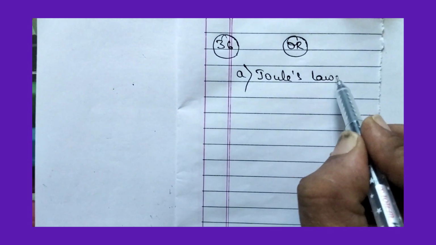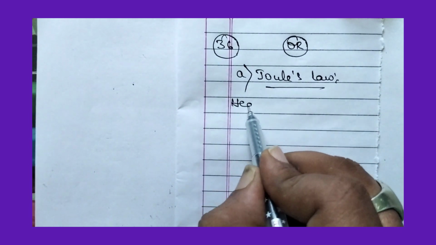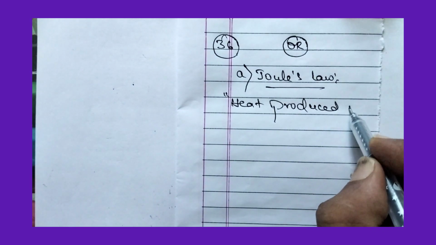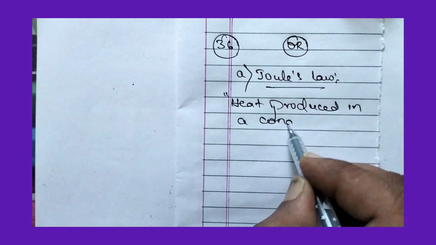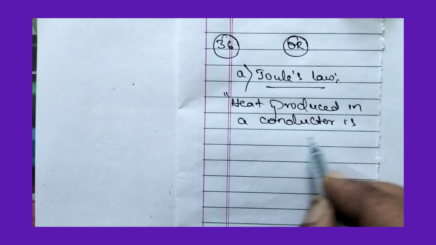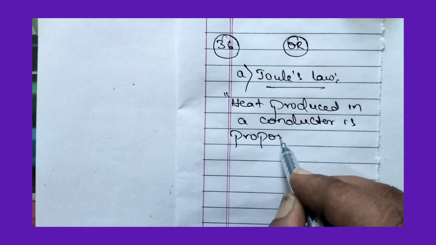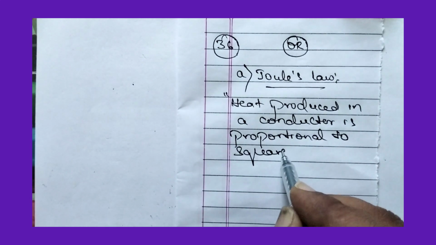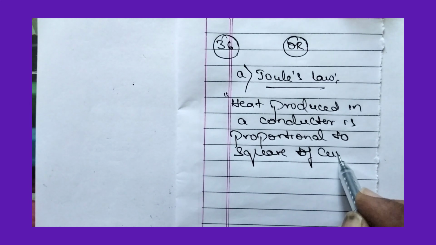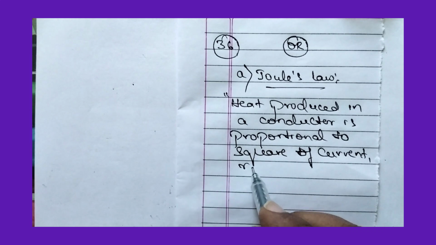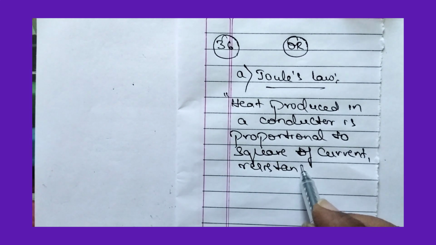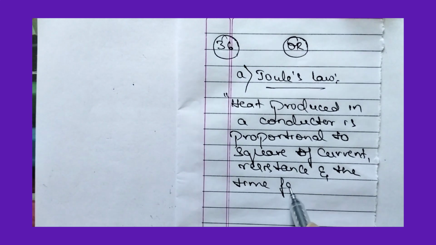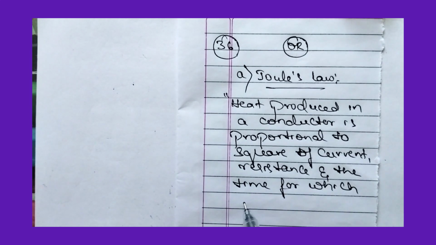According to Joule's law, heat produced in a conductor is proportional to the square of current, resistance, and the time for which current flows.